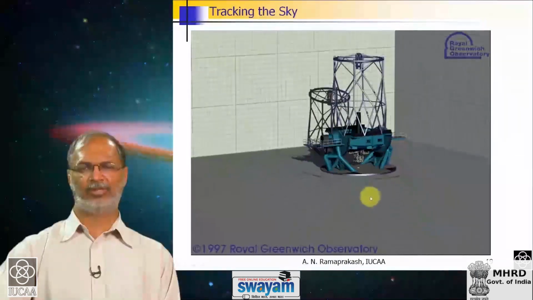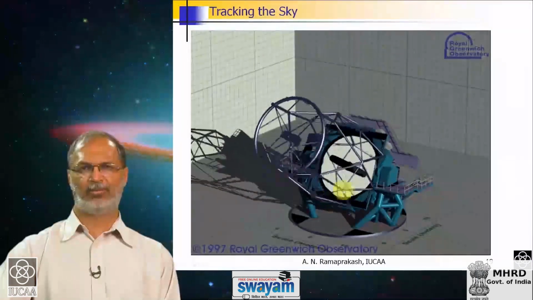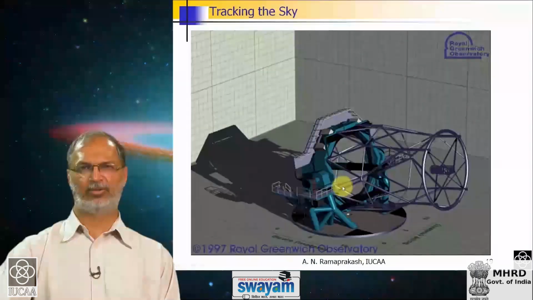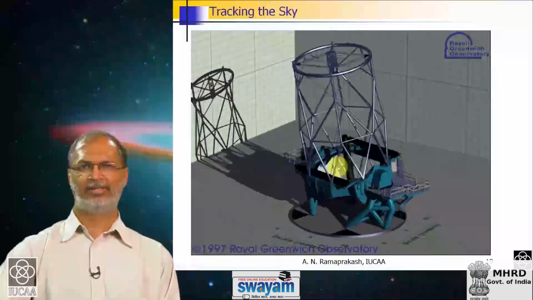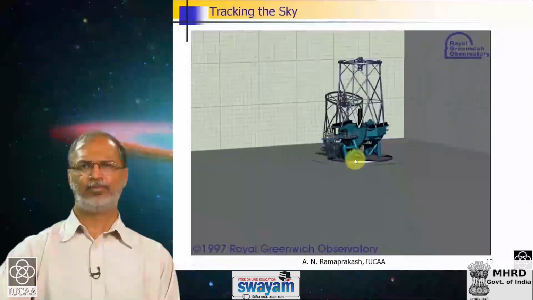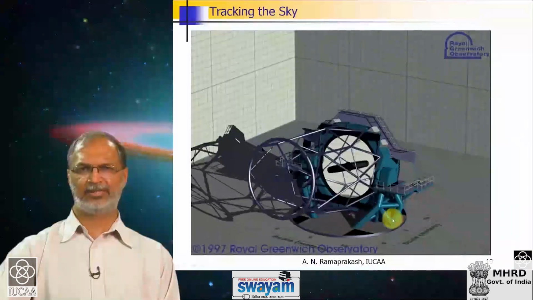This is just an illustration of how a telescope moves. This is a model of the Gemini telescope, one of the very large telescopes. The primary mirror diameter is 8 meters here. So, you can see the base of the telescope moving.